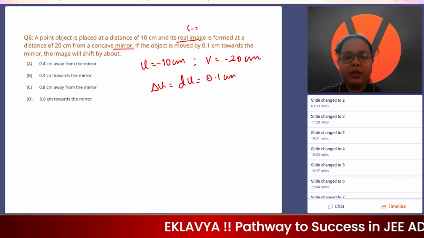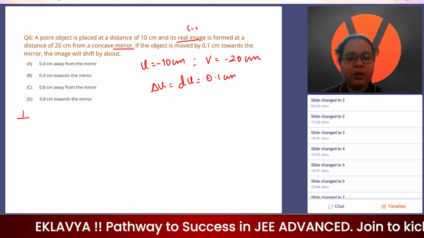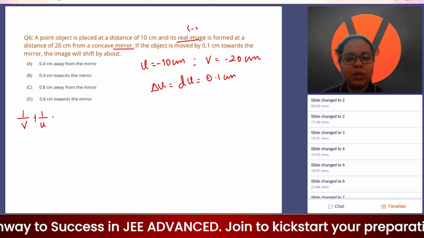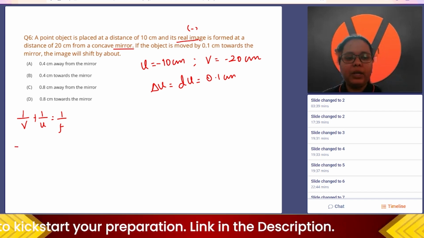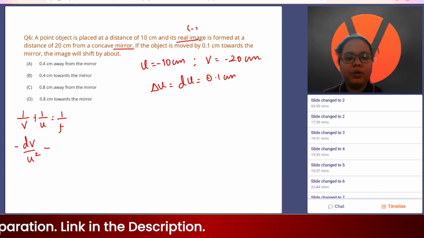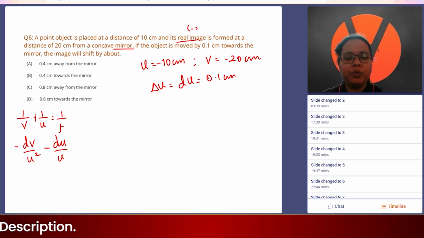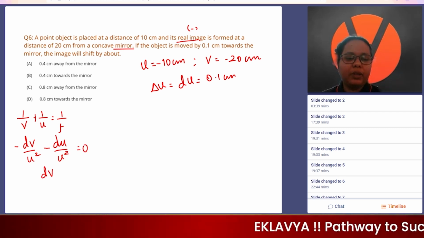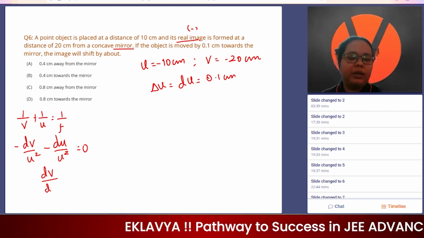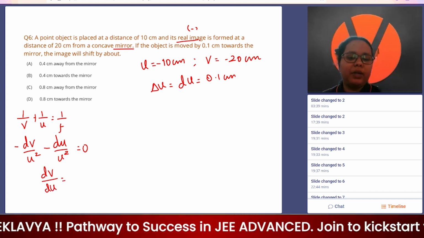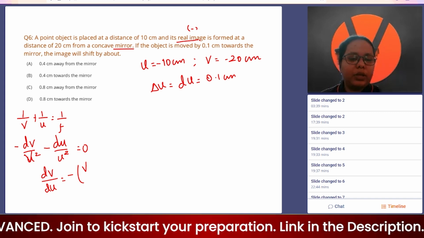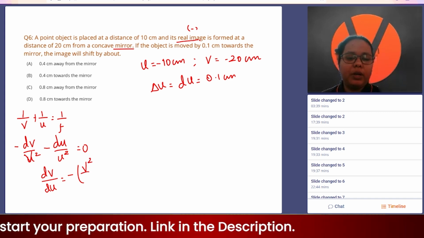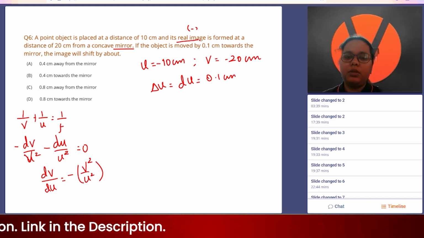The mirror formula is 1 by V plus 1 by U equals 1 by F. If you differentiate, you get minus dV by V square minus dU by U square equals 0. So dV by dU is equal to minus V square by U square.